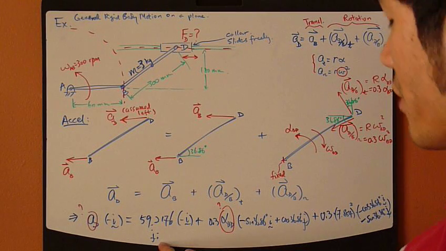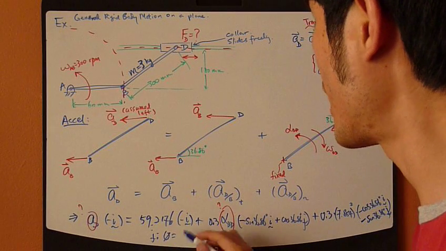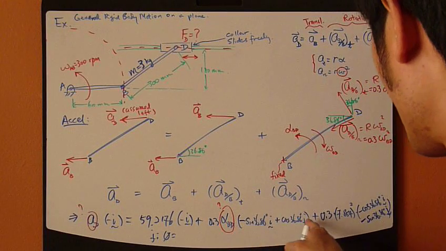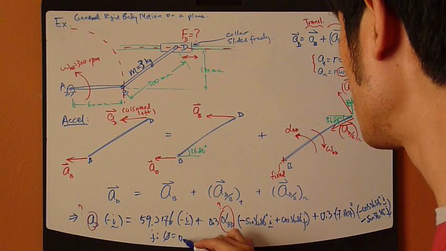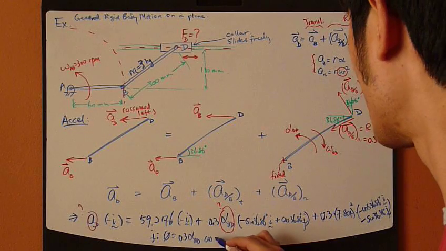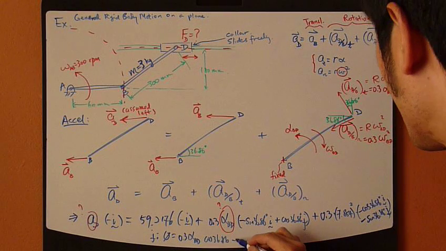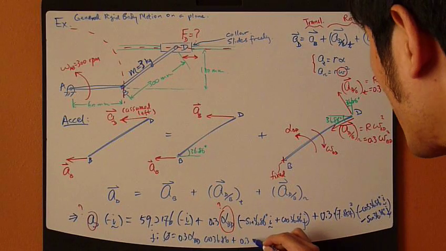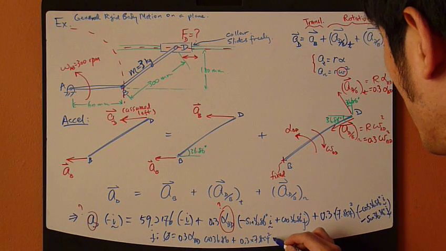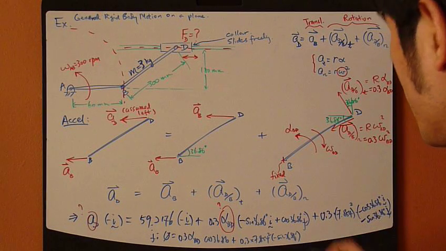Just solving for j component, so I have 0 on the left hand side equals, this first term is 0, plus, just look at the j component only, so 0.3 alpha BD cosine 36.86, and then plus 0.3 times 7.854 squared, and then minus sine 36.86 degrees.